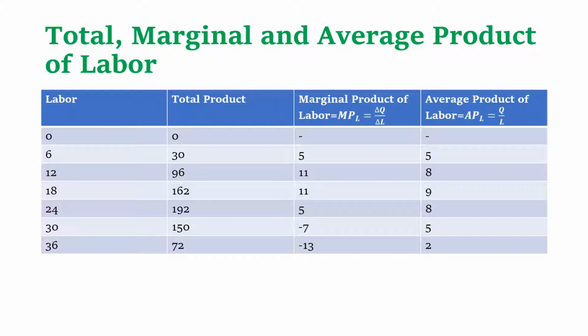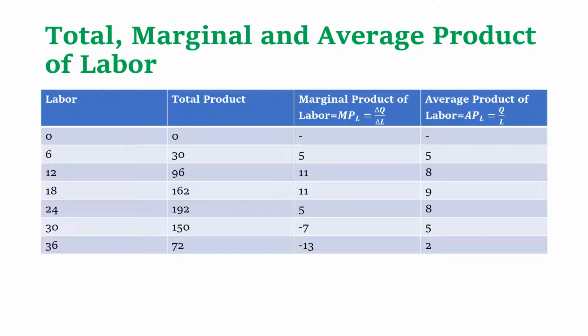Now you notice that at a point where you have 24 here, the marginal product of labor is 5.